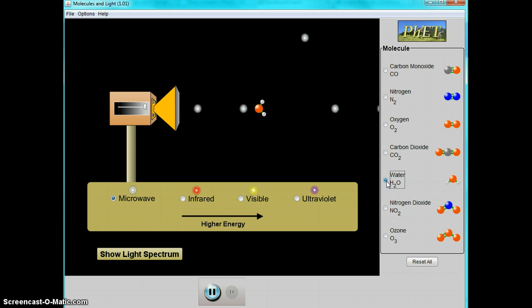Your food contains an amount of water, which is H2O, and your microwave oven bombards this food with microwaves. What the microwaves do is excite the water molecule, and if you increase its vibration, then you increase the overall temperature of that molecule.